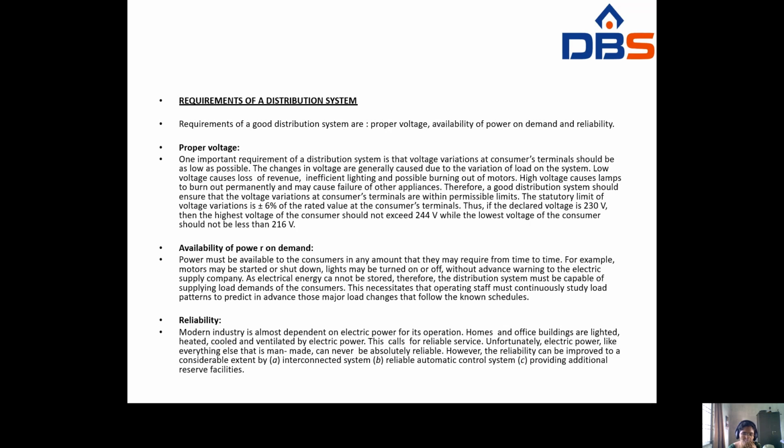The statutory limit of voltage variations is plus or minus 6% of the rated value at the consumer terminals. Thus, if the declared voltage is 230 volts, then the highest voltage at the consumer should not exceed 244 volts, while the lowest voltage at the consumer should not be less than 216 volts.